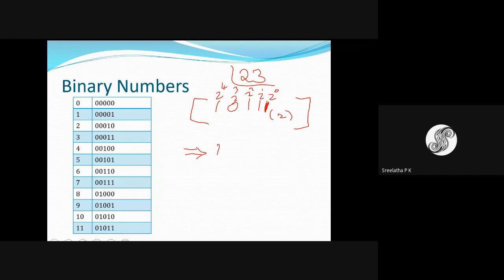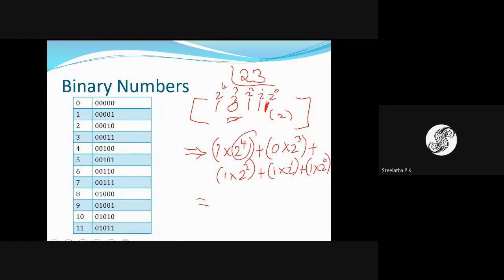So it is 1 into 2 power 4 plus 0 into 2 power 3, plus 1 into 2 power 2, plus 1 into 2 power 1, plus 1 into 2 power 0.